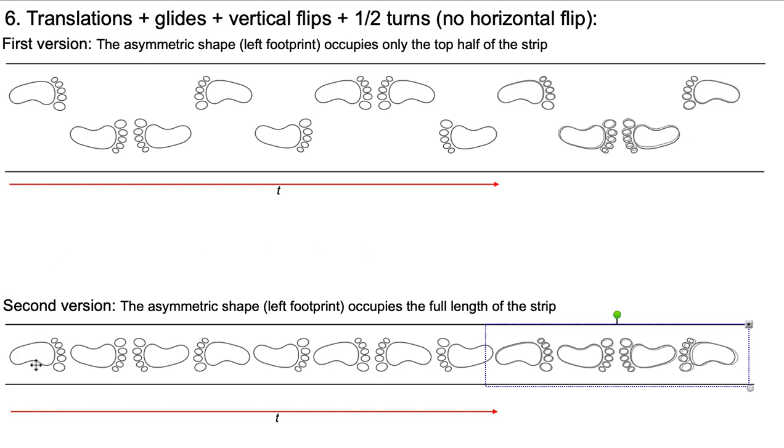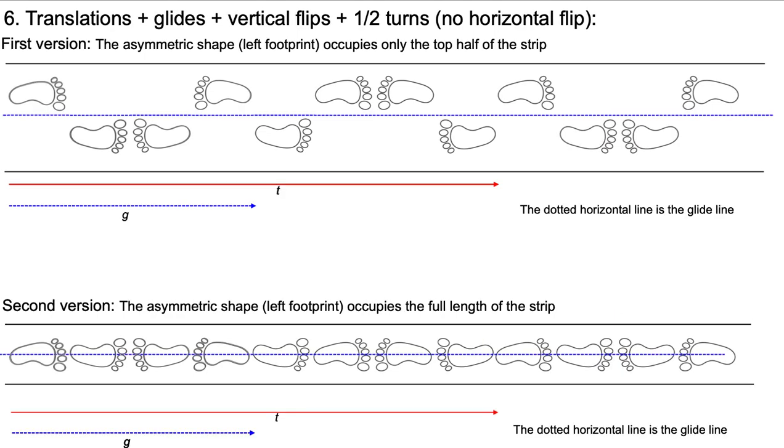In the second pattern, it's a little bit harder to see that there's a glide, or rather, exactly what the glide looks like, because this first footprint might glide to here, or it might glide all of the way to here. And so the glides have to be investigated just a little bit more carefully, and in order to investigate that, I want to add the horizontal line that is the glide line.